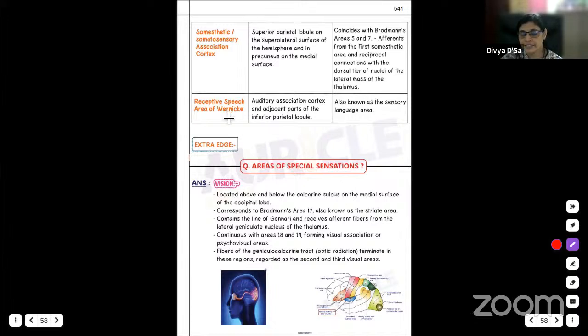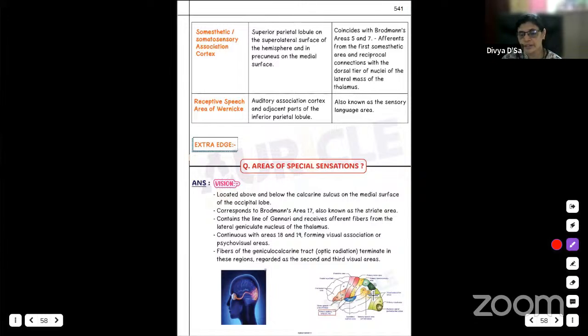Then we have the sensory speech area. Now, if you see here, this is the region, the posterior end of the posterior ramus of the lateral sulcus.